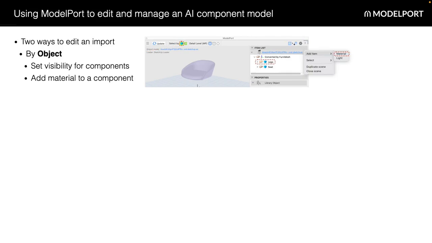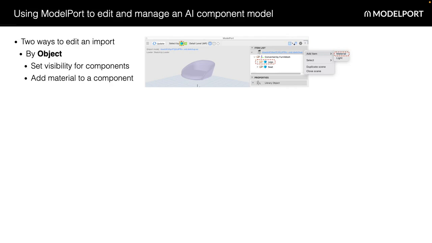Another advantage here is that I can add a material to it. So for example, when you save or create an object or a model from FurniMesh as a component, it will create one material for all components. And so when you first download that component into ModelPort, it looks like you can't actually edit the material separately, but you can, because ModelPort, unlike Archicad, lets me create a material and add it to the separate components.